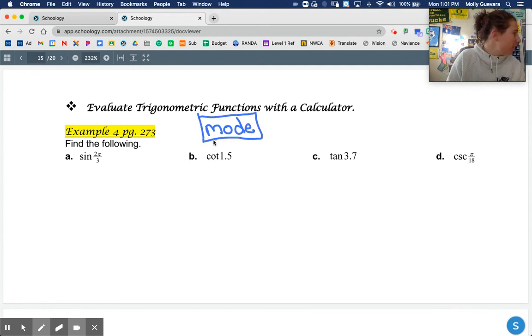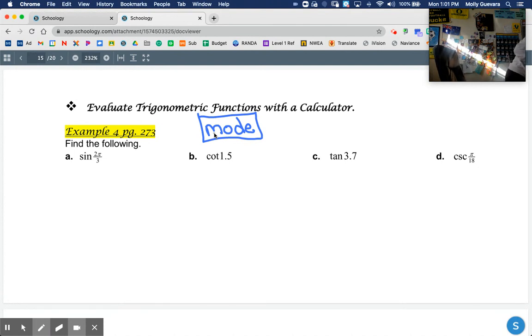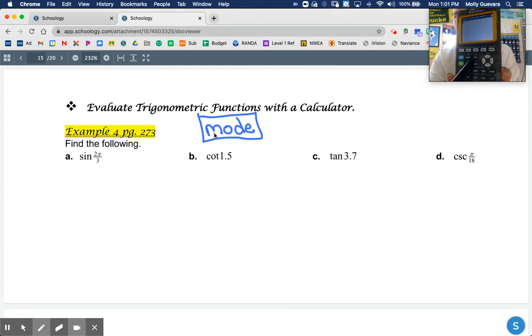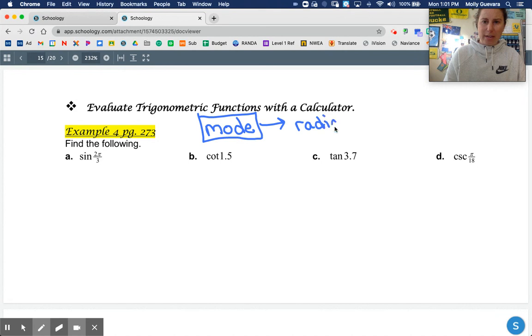It's right under alpha. Let me get my calculator. Oh, sorry, it's right next to the second, right there, mode. Okay, and then you need to scroll down and make sure that your calculator is on radians. Okay, it's about the fourth one down. Okay, so make sure it's on radians.